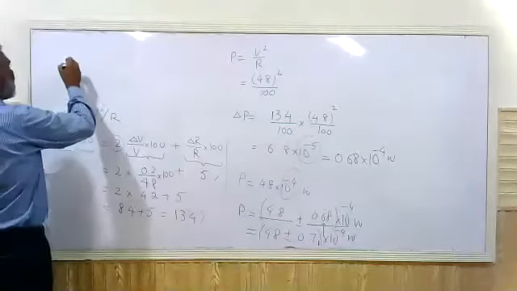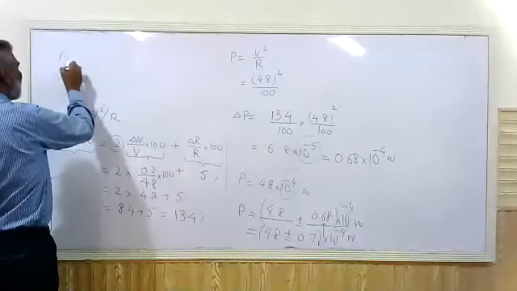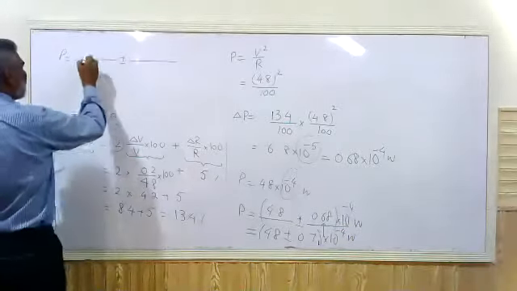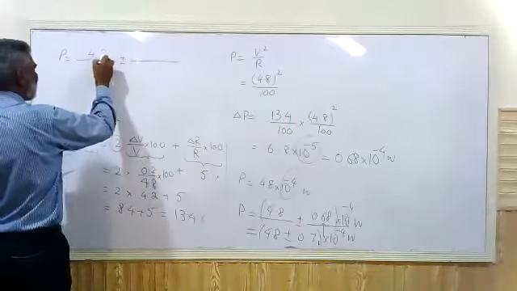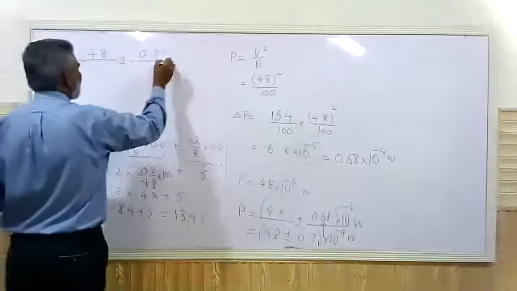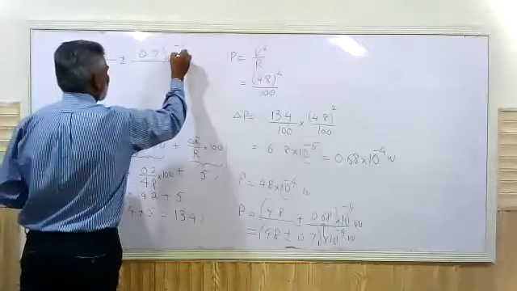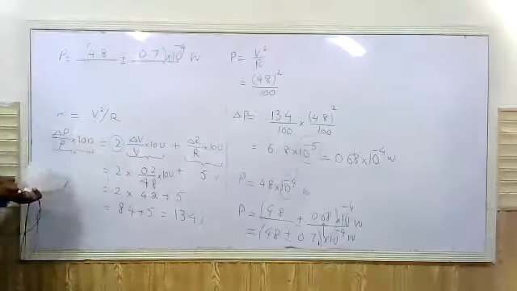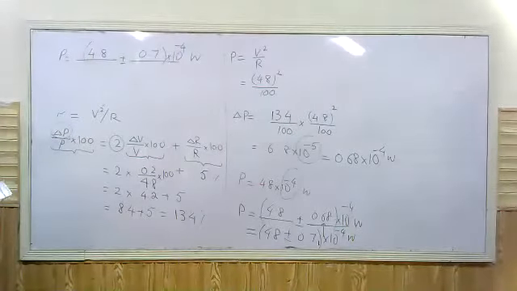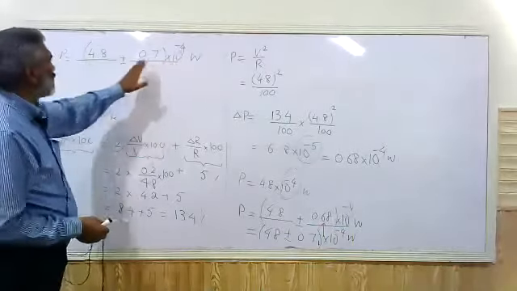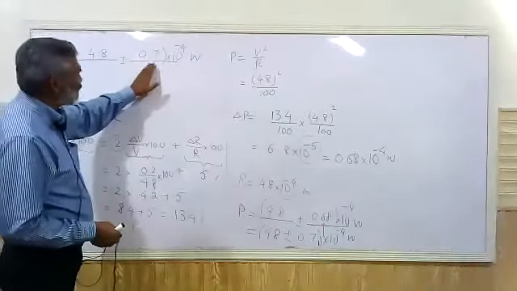So if you have a value of P and plus minus delta P, the final answer is written in this way, 0.7. And this 10 to the power minus 4 is common to both with the unit which is same for the two. It is possible that you write 4.8 into 10 to the power minus 4 plus minus 0.7 into 10 to the power minus 4.